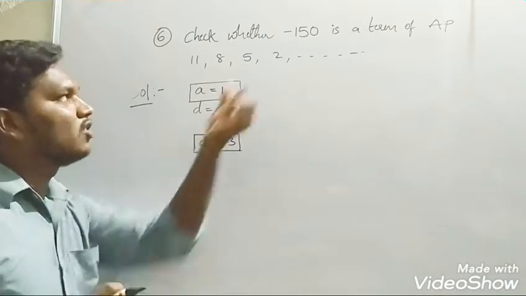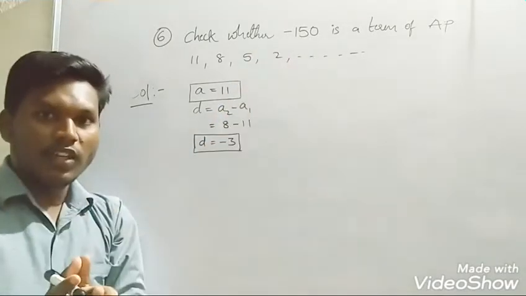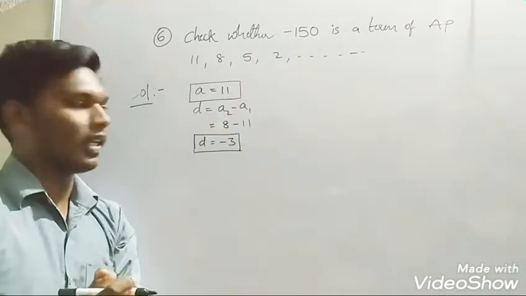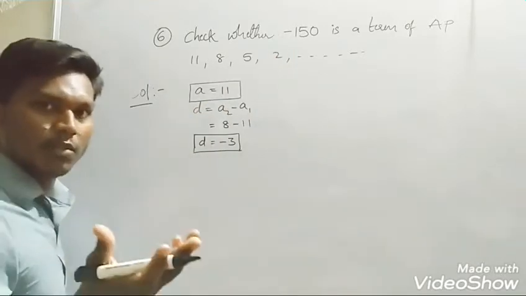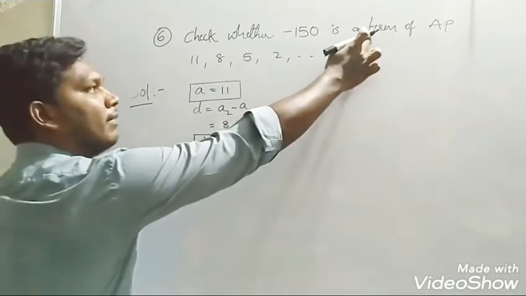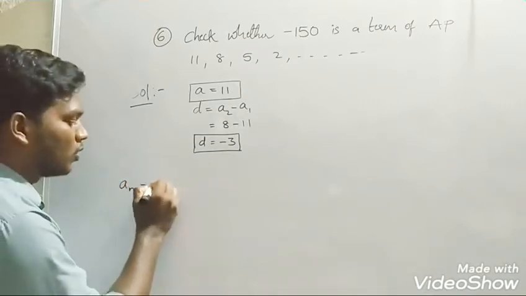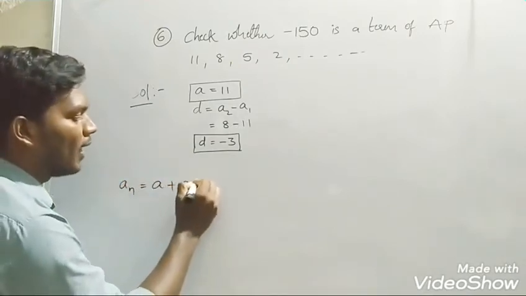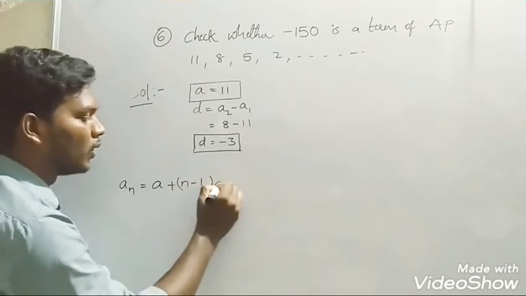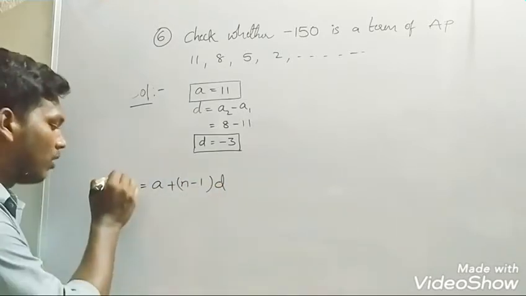So we have first term A equal to 11 and common difference D equal to minus 3. But our target is to find whether minus 150 is a term of the AP or not. We don't know which term it is. So whenever we find the word term, use the formula an is equal to a plus n minus 1 into d. Already we have learned this.